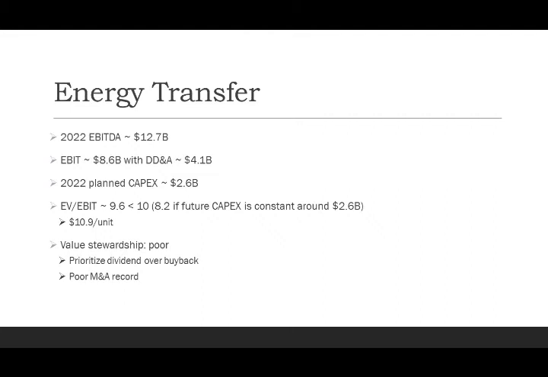So its EV over EBIT is 9.6, less than 10. However, it becomes 8.2 if we assume future capex is constant around $2.6 billion instead of $4.1 billion.